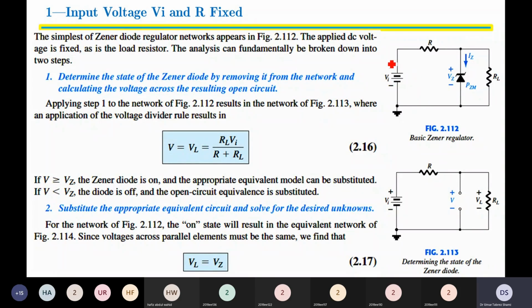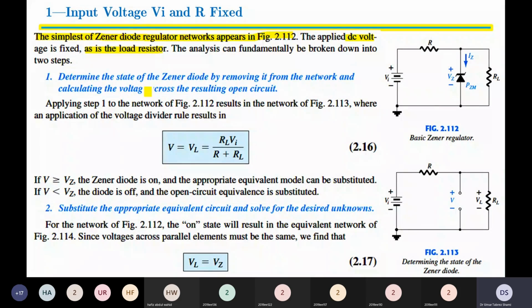This input voltage is fixed. Then we see a series resistance R, our Zener diode and a load resistance RL. The applied DC voltage is fixed, as is the load resistor.